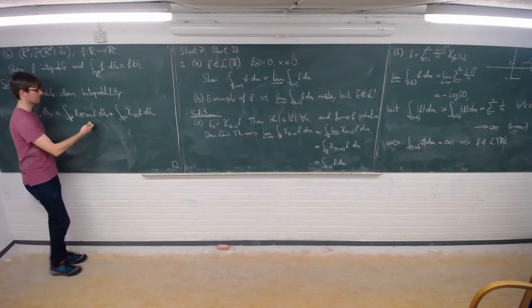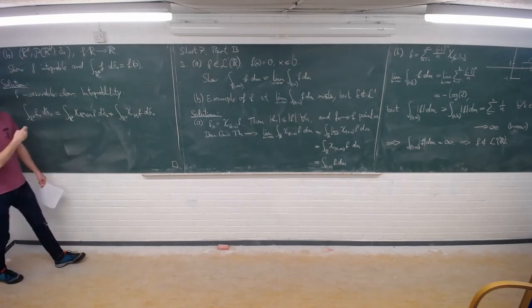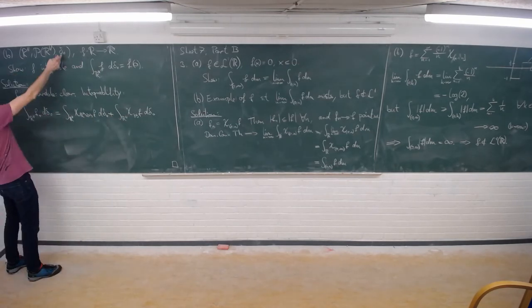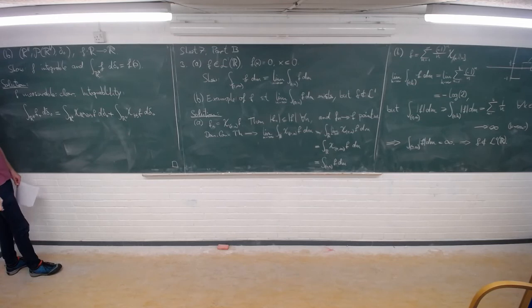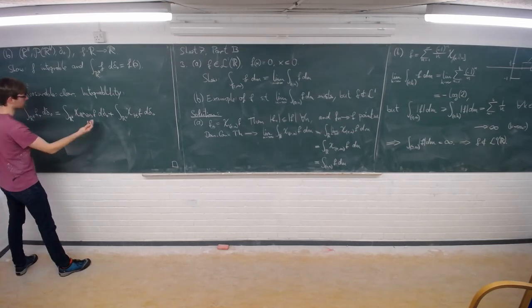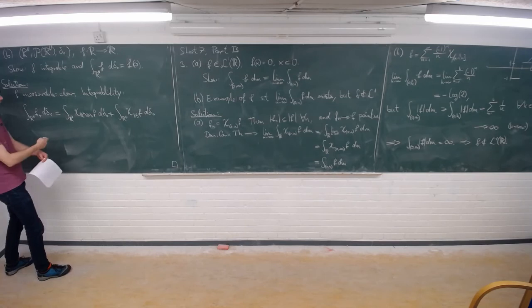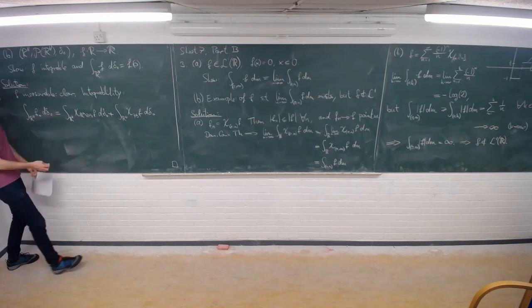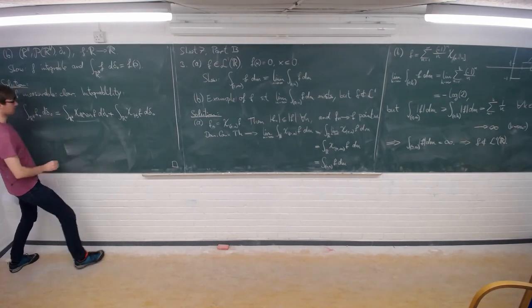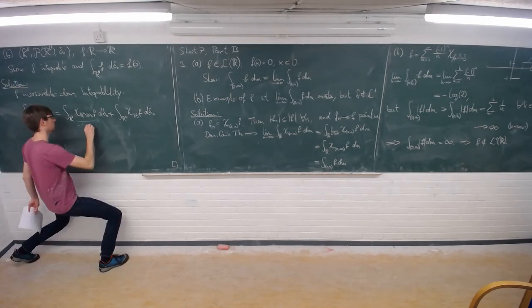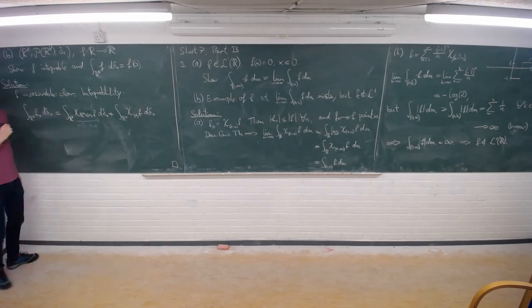And this is useful because the measure that we're considering is the Dirac measure at 0. So every set that does not include 0 is a null set, has measure 0. So in fact, this function is 0 almost everywhere, right?